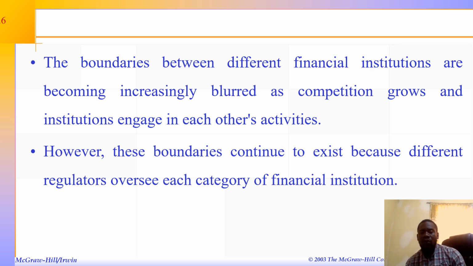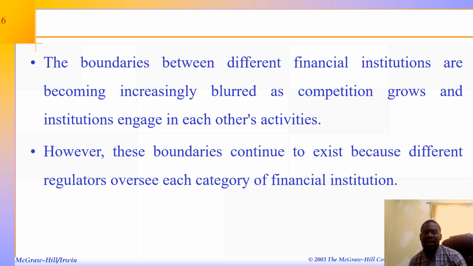So you find a commercial bank has got a product which deals with insurance, right? Again, that is because of competition, because people are saying, okay, fine, I'm banking with you, but I also have insurance needs. And so you find that we package it so that it can become a one-stop shop. Someone can find their leasing products, their insurance products, their savings products, and so on. So the demarcation or the boundary is getting blurry.